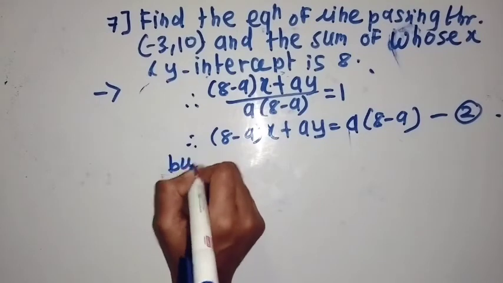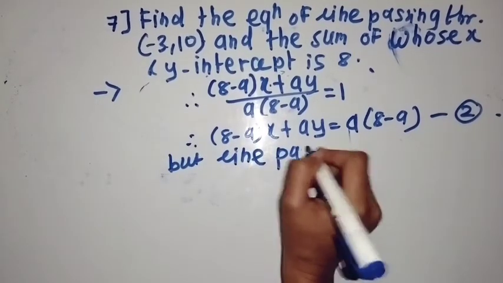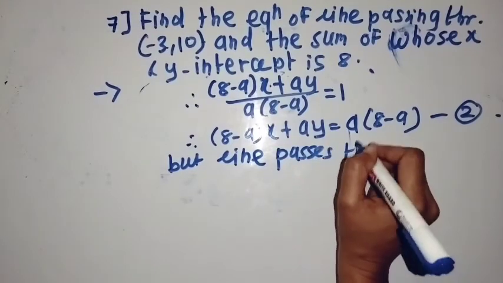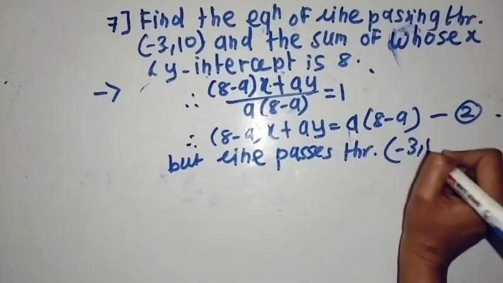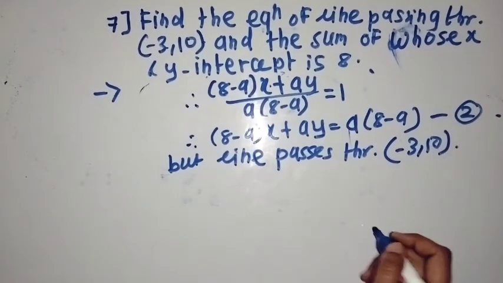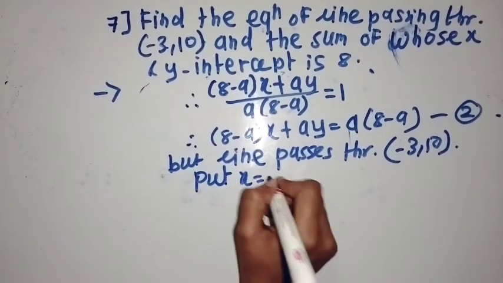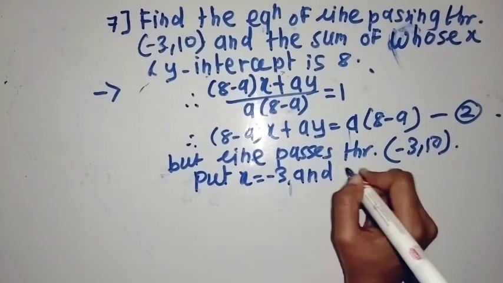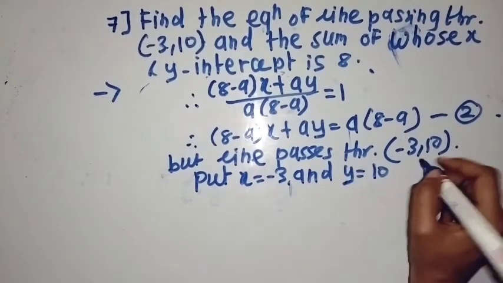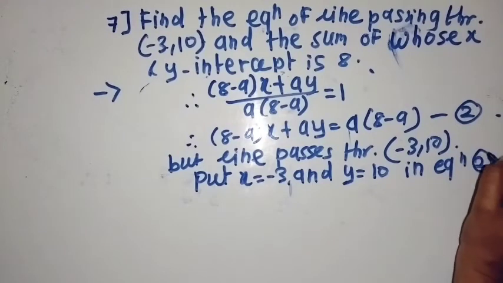But the line passes through the point minus 3, 10. Hence put x is equal to minus 3 and y is equal to 10 in equation 2.